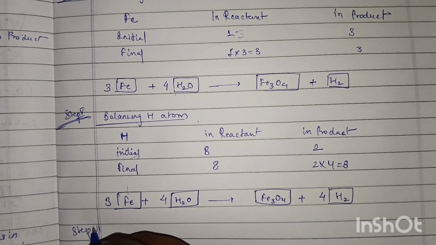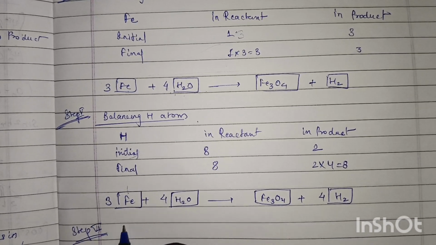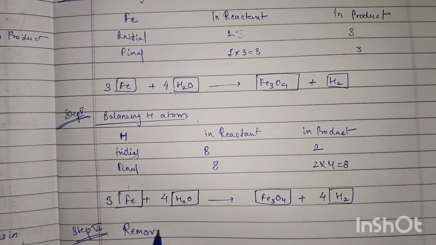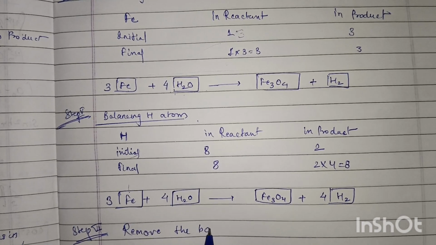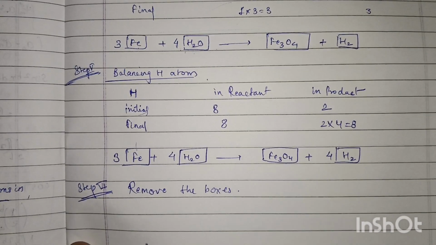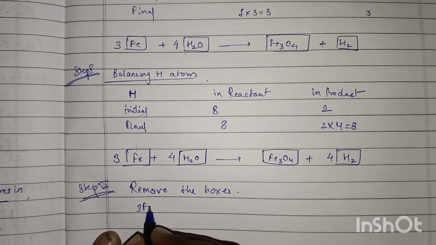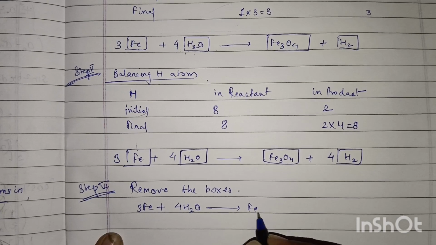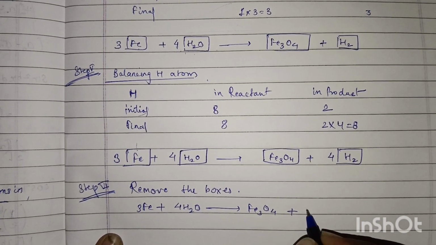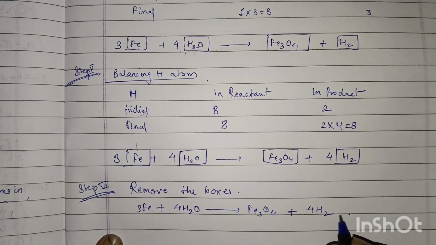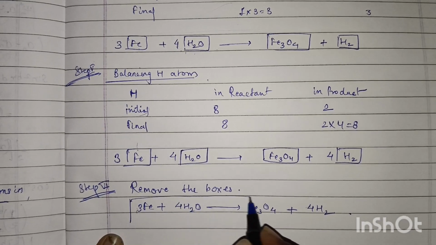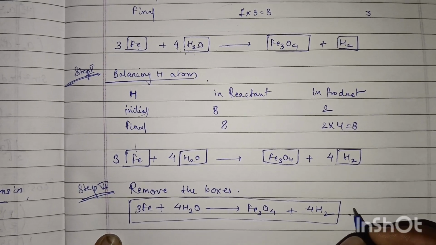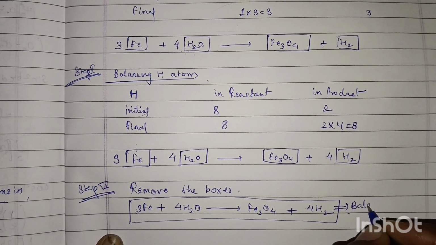Now the next step, step 6, is to remove the boxes. So 3Fe plus 4H2O gives Fe3O4 plus 4H2 is our balanced chemical equation.